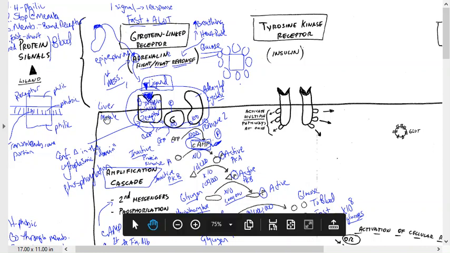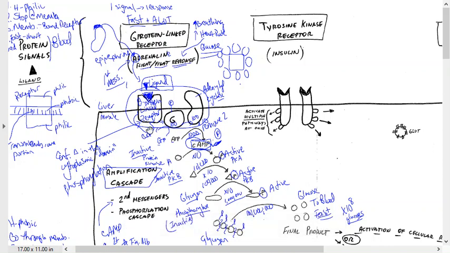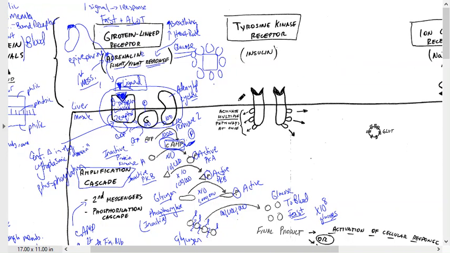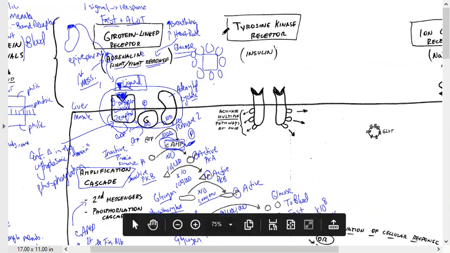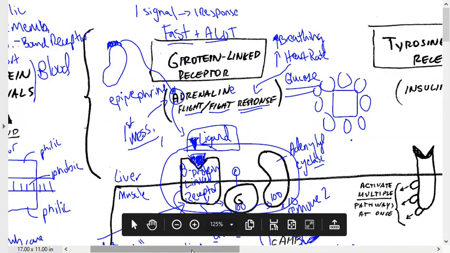So we're going to go ahead and stay with a liver cell and talk about insulin, because insulin will eventually cause the release of glucose from glycogen, and that's stored in the liver. So we'll stay in theme. I'll zoom in a little bit more.